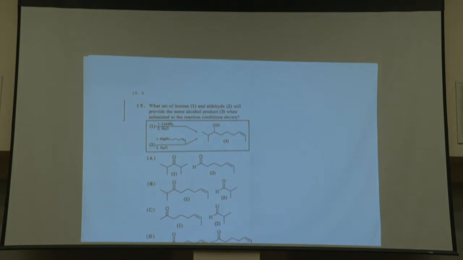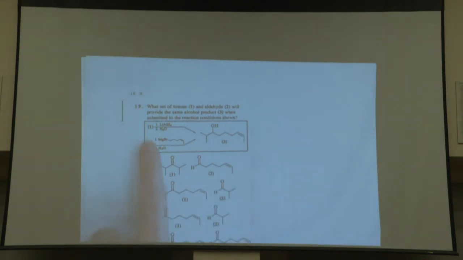Because that's like hurdle 1. It's literally just asking, what do I start with to get here? But it specifies that number 1 has to be a ketone and number 2 has to be an aldehyde. So what ketone can I get using number 1's reagents to get to this product? And what aldehyde can I get using number 2's reagents to get to this product?